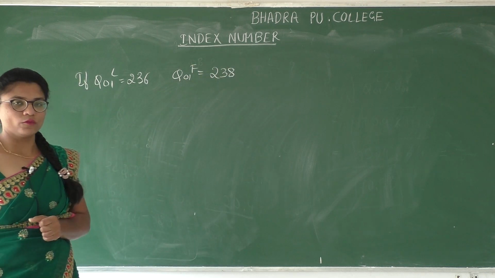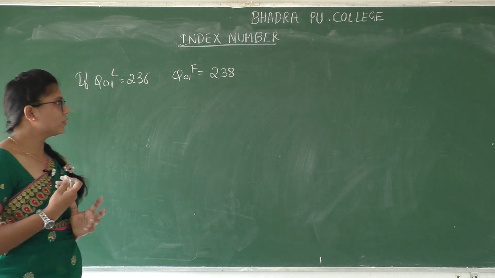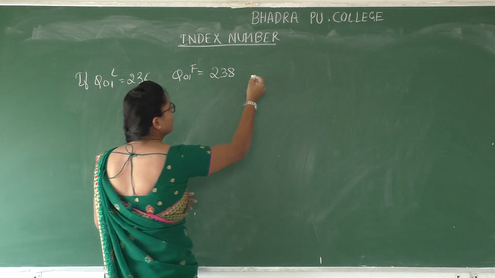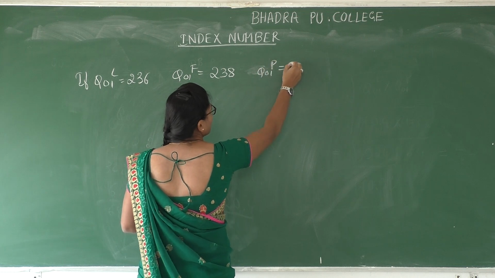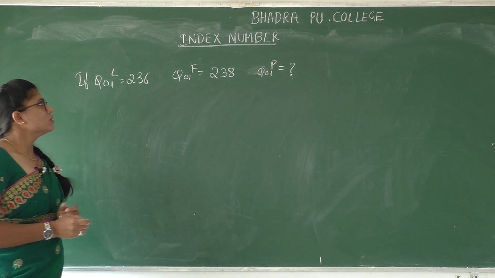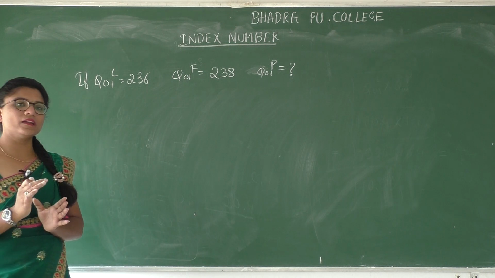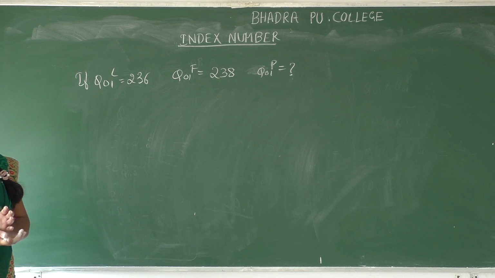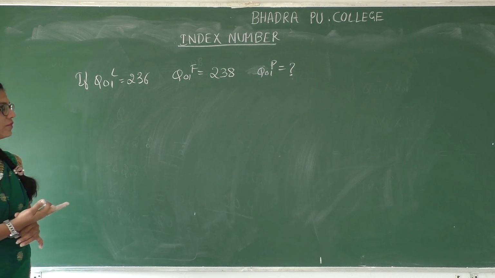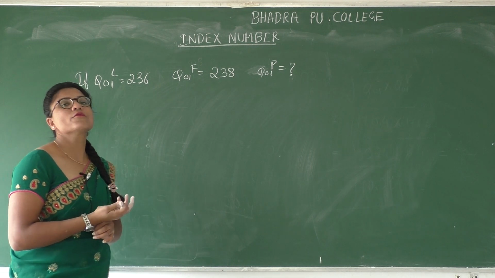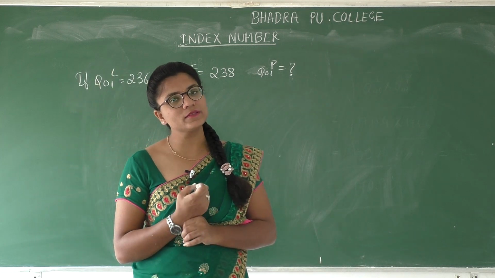So tell me what we have to find out? Yes, we have to find out Q01P, so Q01P is equal to question mark. So we have Q01L is equal to 236 given, Q01F is equal to 238. So they have given Laspeyres and then Fisher's quantity index number.